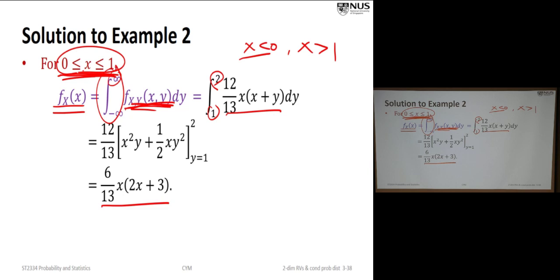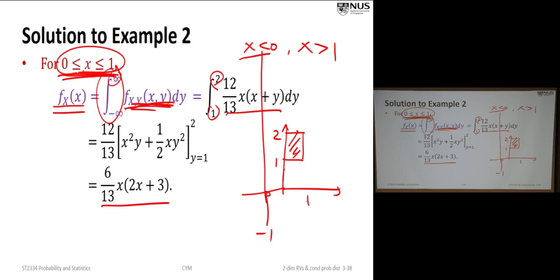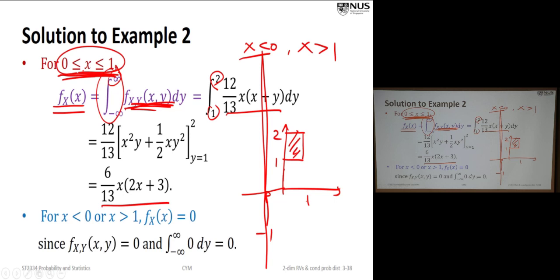Remember, this is the region for which the joint density is non-zero. So when x is negative, like for example here, minus 1, over all this you don't see any PDF. So of course it's 0.